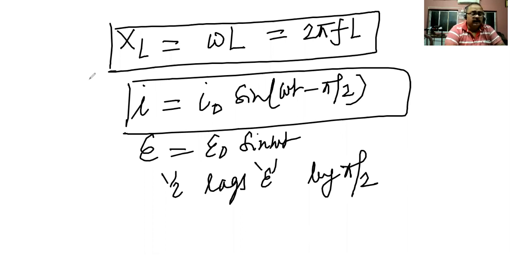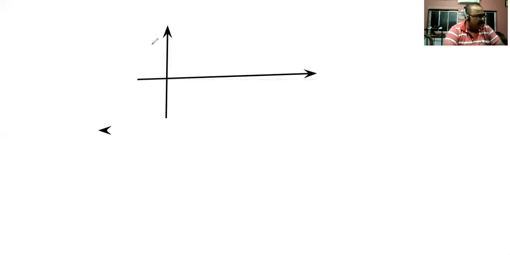So if I quickly try to show you the graph, it will be something like this. This is the graph between the EMF and the current, and we always try to draw the graph for both. This is the EMF, varying sinusoidally with t, and the current, as you have already seen, is lagging behind it.